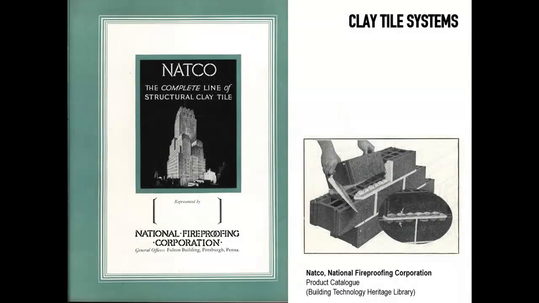But there's another element of terracotta and clay. Steel was introduced particularly after the Chicago fire, and there was still this understanding and this willingness to protect steel buildings from fire. So terracotta and clay was also the instrument through which buildings could be made fireproof, as they used to say in those days. Today, we never say that a building is fireproof, but we say it's fire safe.